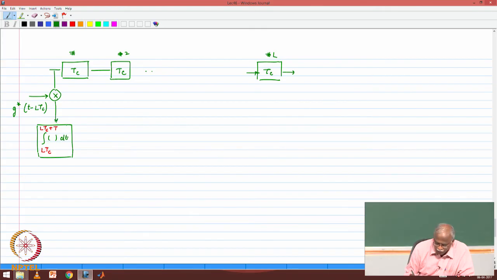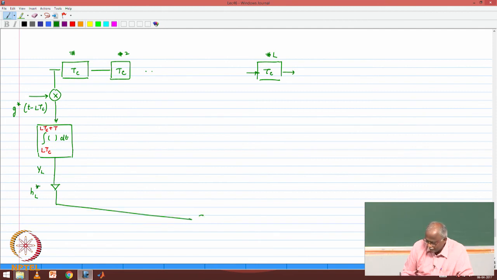You integrate for this period of time. We will call this output Y subscript L, decision statistic. I'm going to scale this by H of L star and pass it on to an adder. Now the output of the second branch, and then basically the rest of it repeats, is the same waveform, G star of T minus LTC.